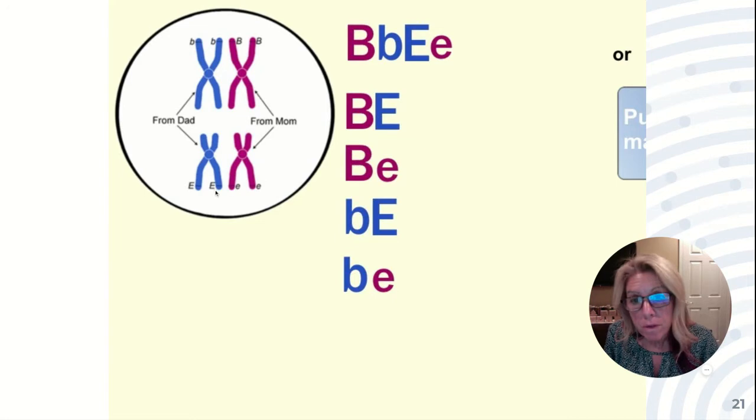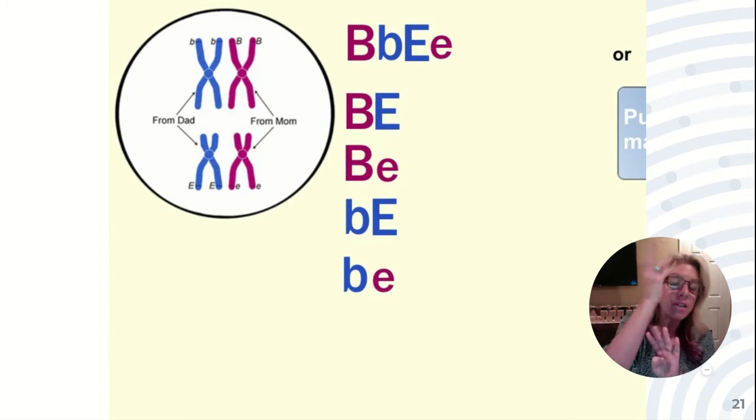They also, for this pair of alleles, are a hybrid, big E, little e. So what are all the different combinations I could get in the gametes? Well, if you do FOIL, I could get a big B, big E gamete, right? If I do first, outside, I could get a big B, little e. I could do inside, little b, big E, and then the last would be little b, little e.